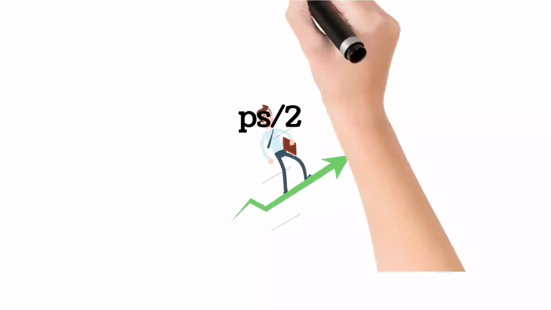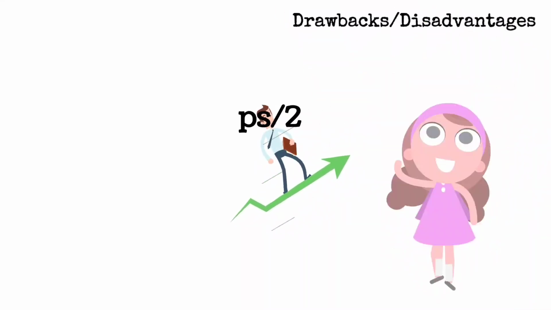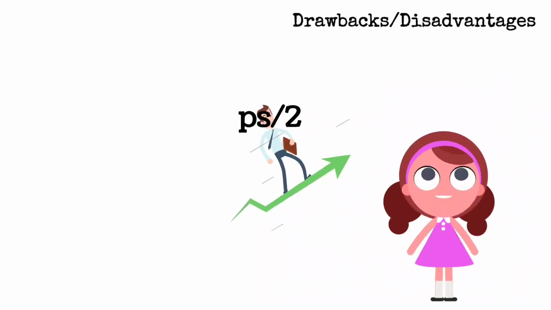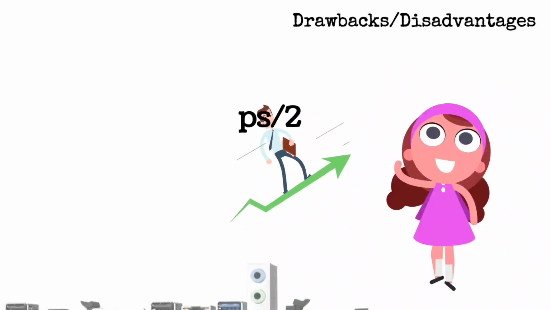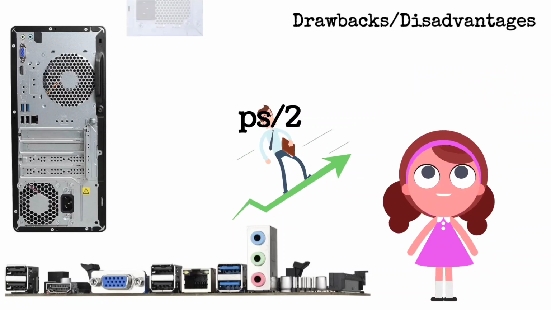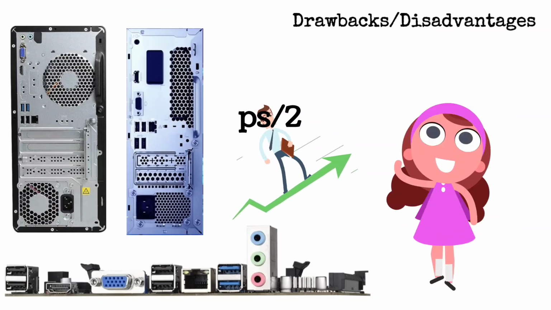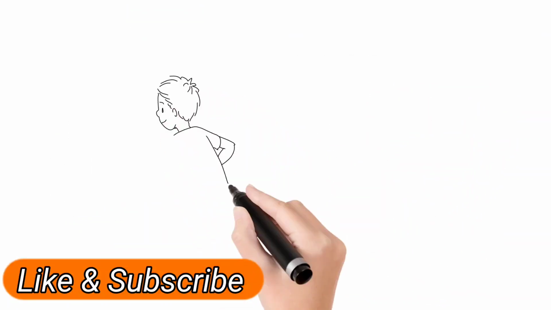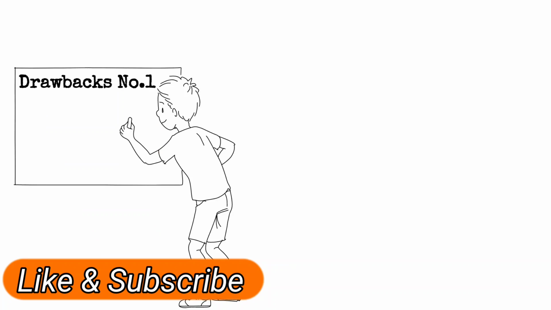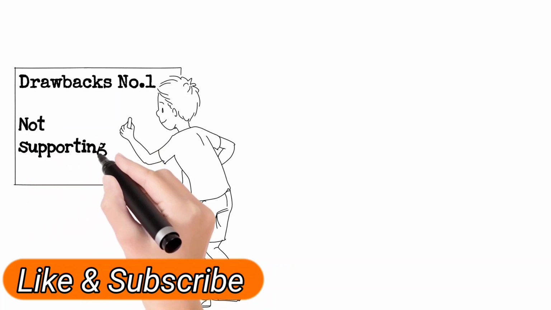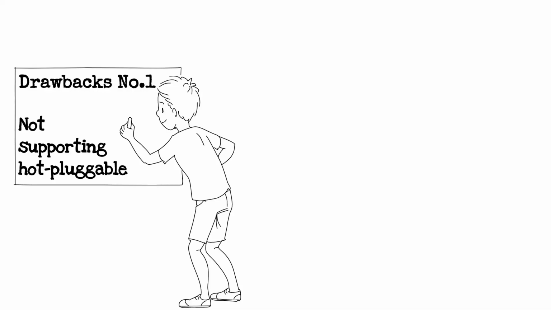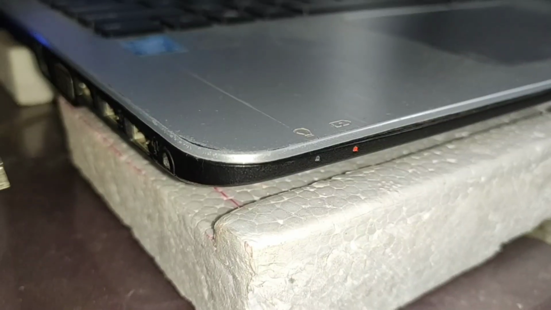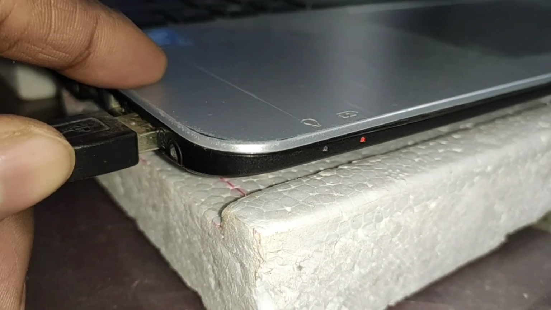But it has some drawbacks or disadvantages due to which, apart from USB ports, not a single PS2 port is seen in today's desktop. The first drawback is not supporting the hot pluggable feature. We can connect and use a USB keyboard or mouse in a running computer.